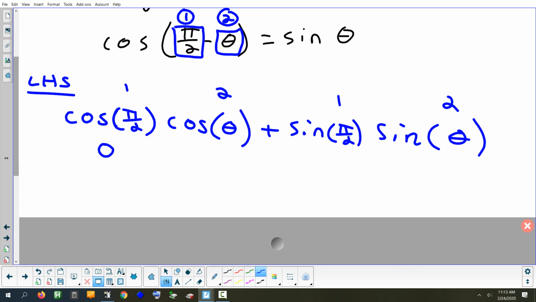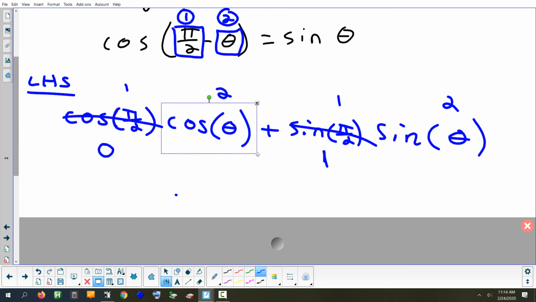And what's the sine of pi over 2? Or another way to think about pi over 2, there's your graph of sine. Pi over 2 is a quarter of the way through the cycle. Where are you at when you're a quarter of the way through the cycle? 1. So I'm just going to cross that out because it became 0. I'll cross that out because it became a 1.